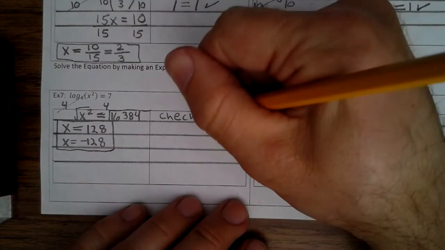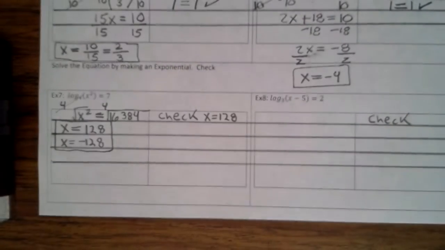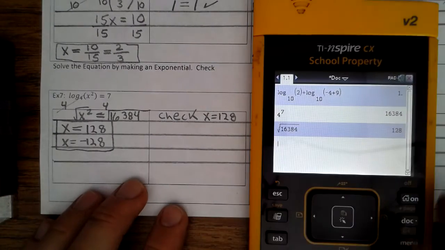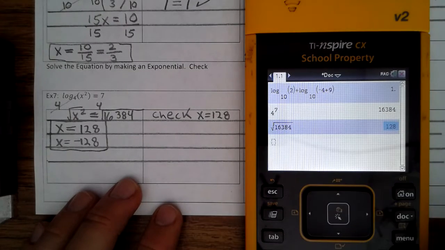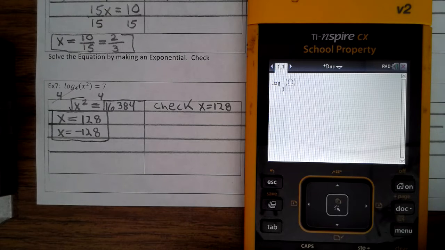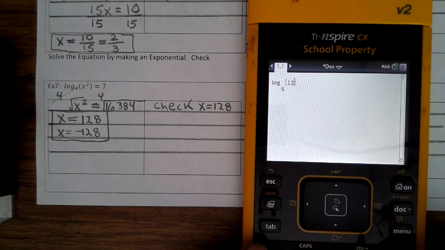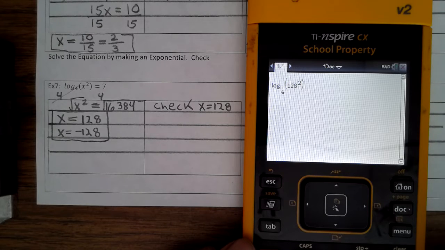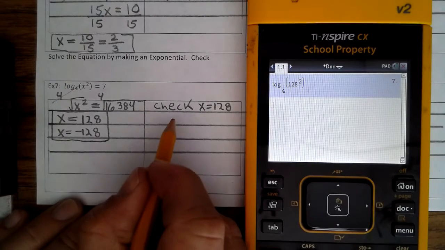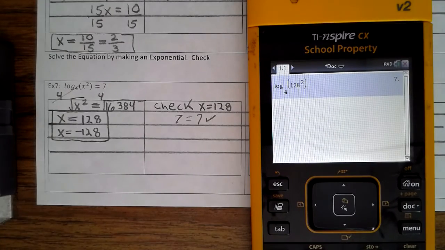Okay, so let's check x equals 128 first. We're going to plug that into your calculator. So control log base 4, sorry, of 128 squared, you can see equals 7. So 7 equals 7. So it checks. Okay.